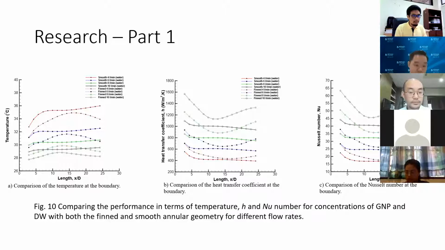So you can see that the highest heat transfer can be achieved using the highest flow rate, which is 10 liters per minute. The best heat transfer is achieved at 10 liters per minute with fin annular geometry. So with fin is better than the non-fin. The same goes for the heat transfer coefficient and the Nusselt number.